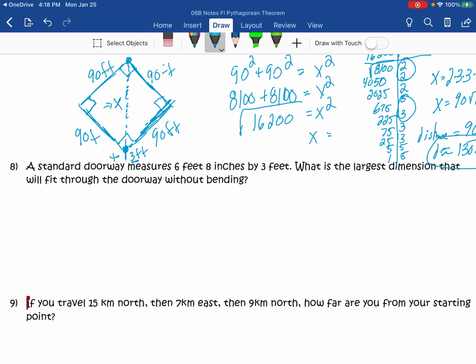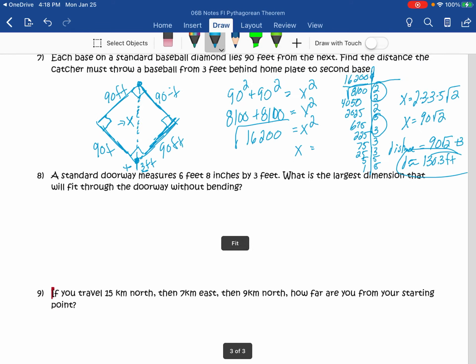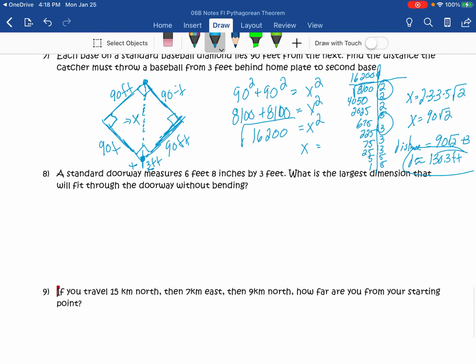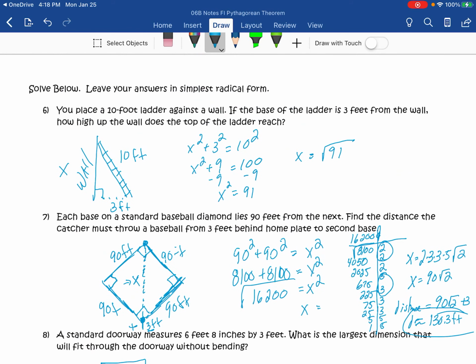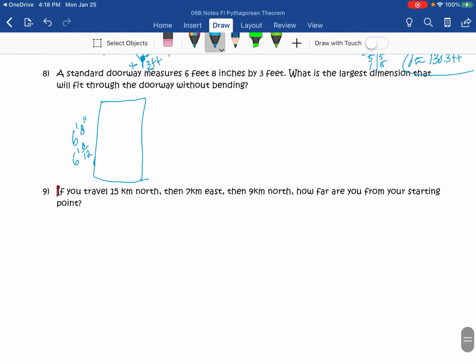A standard doorway measures 6 feet 8 inches by 3 feet. What's the largest dimension that will fit through the doorway without bending? So a standard doorway is 6 feet 8 inches, or 6 feet and 8/12 of a foot, or 6 2/3 feet.